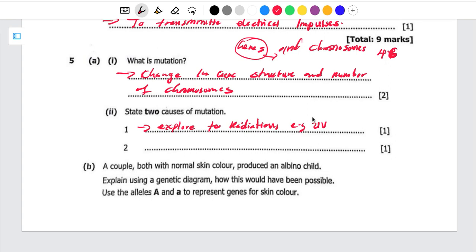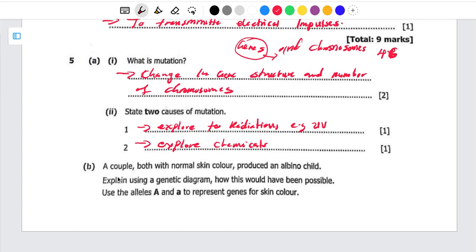Those can cause mutation. Then apart from that one, you can also talk of exposure to atomic bombs. Okay, so you can talk of exposure to chemicals. So different chemicals, they can cause mutation, or environmental factors, they can also cause mutation.